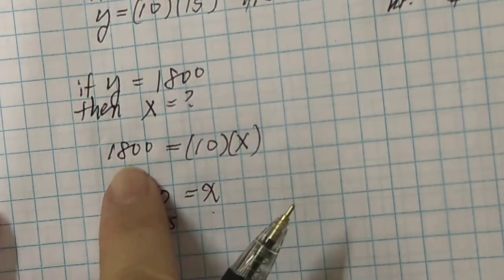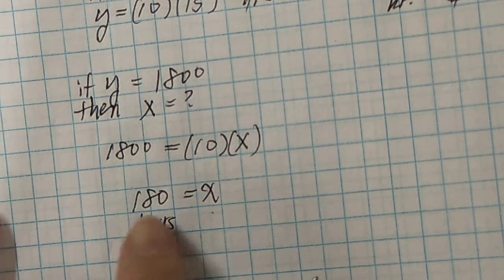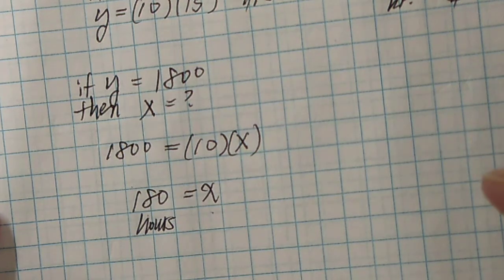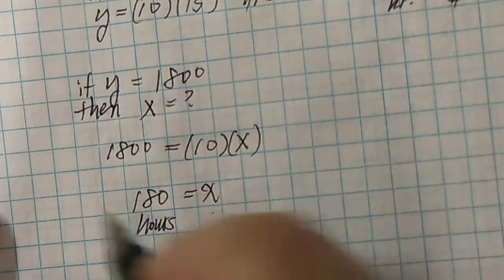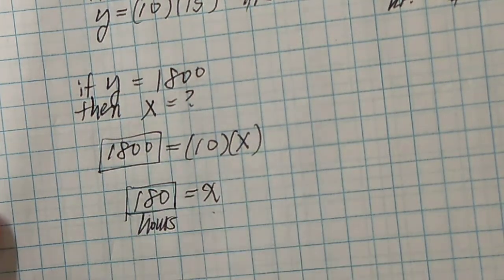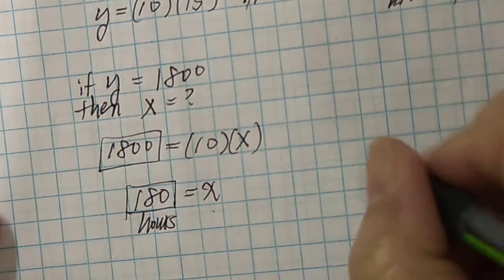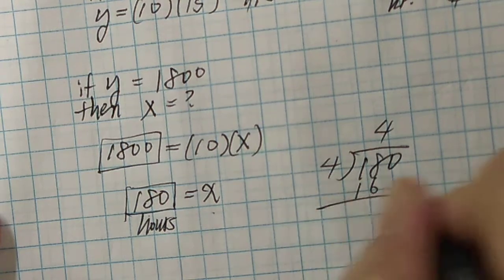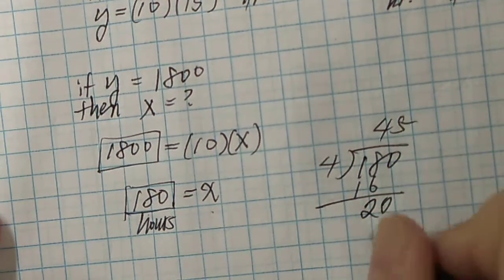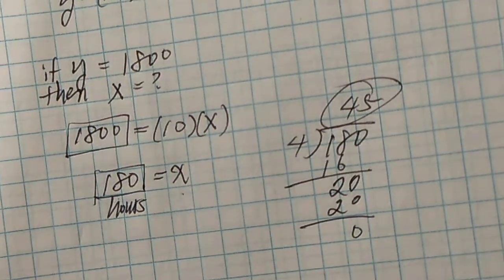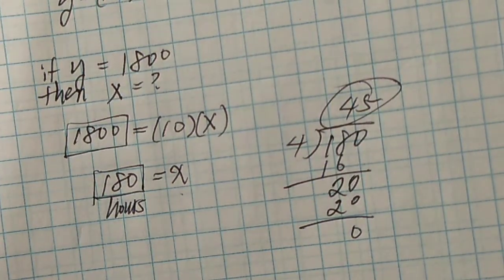If he works 180 hours, he will make $1,800. Now, it's not possible, I think, to work that many hours in a week, so this could be his take-home pay for the month. If he makes this much money a month, that means he will have to work that many hours. And if you divide that out, it could mean that he works about 45 hours a week, which is reasonable.